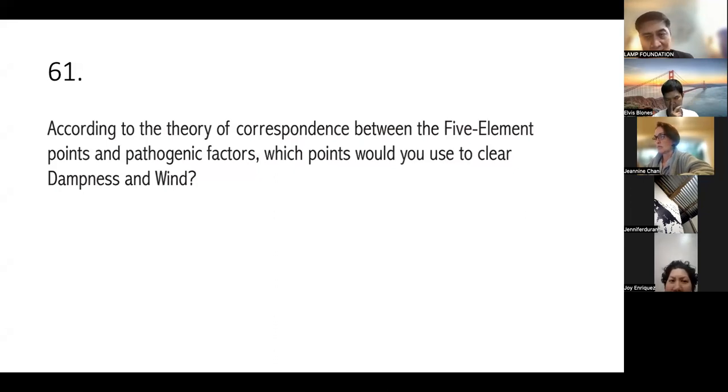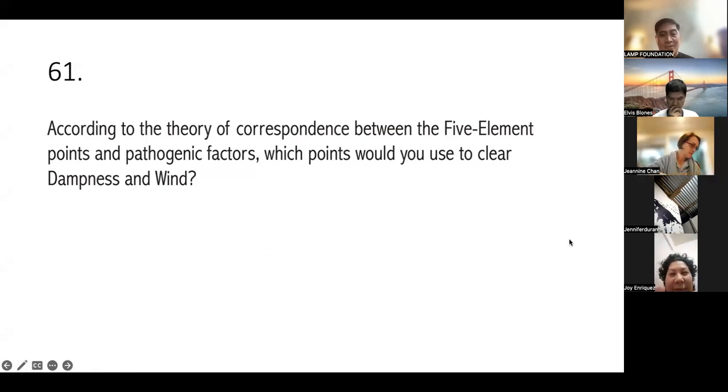Which element? Ulitin ko ha, di ba pag dampness, gagamit ka ng earth point. Eh ngayon, kung wind naman, anong gagamitin mo? To dispel wind. Wait lang, Doc. Isip, go. Ano po ba ang nagkokontrol ng wind? I know you can do it.